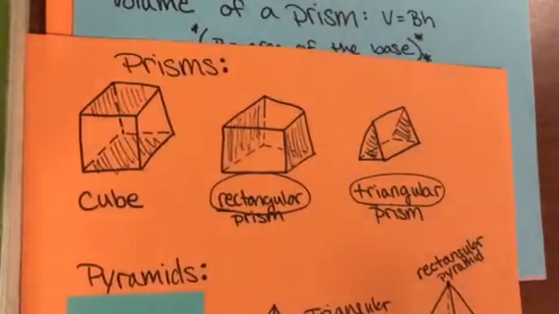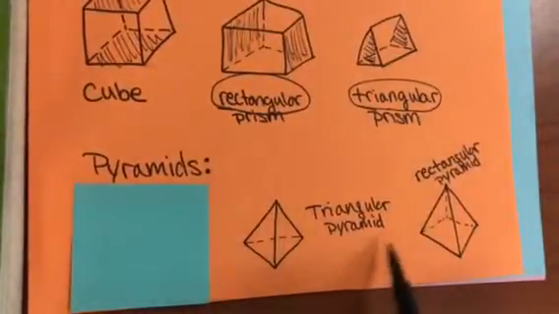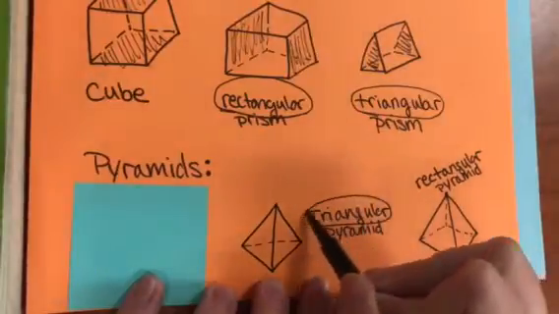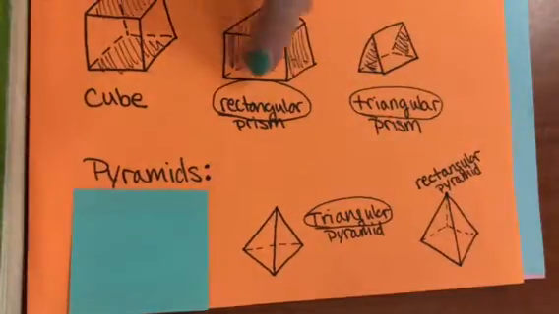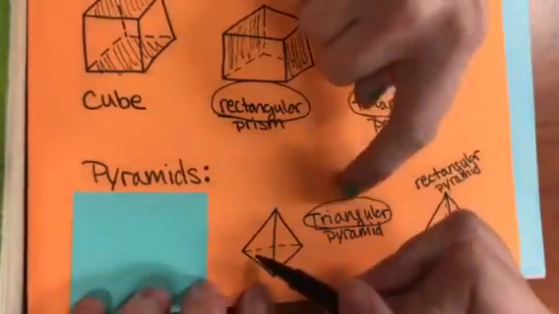Pyramids are kind of the same way. We have a triangular pyramid, which again means the base is triangular. Since we've been going along with this pattern, we see this base must be a triangle.